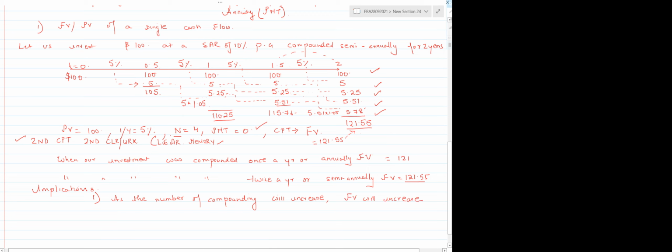A second implication, which does not need an example, guys: as the stated rate of interest increases, future value will increase.